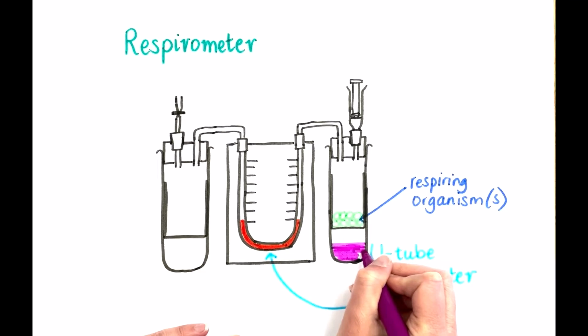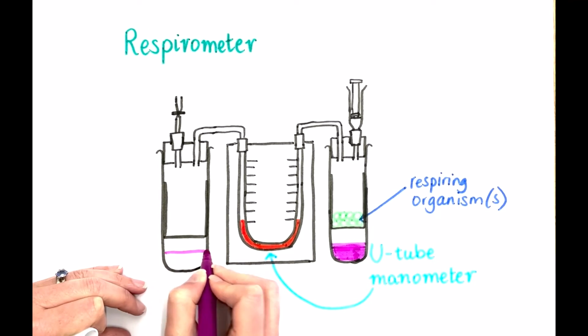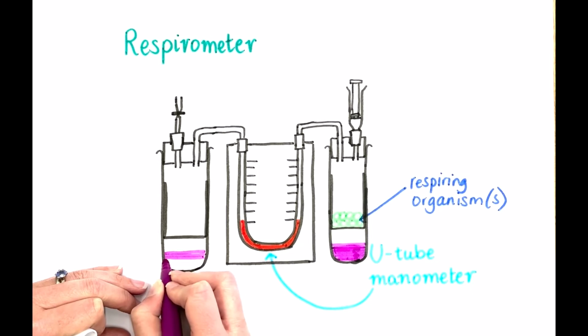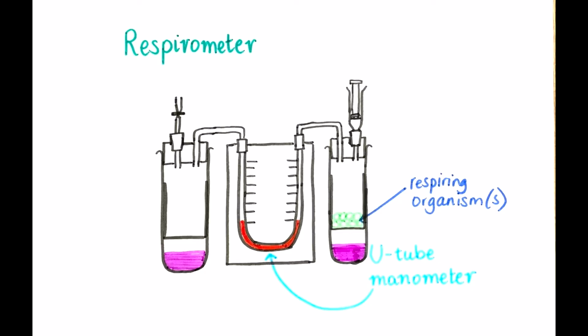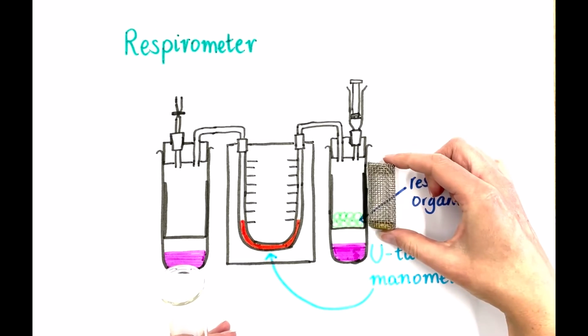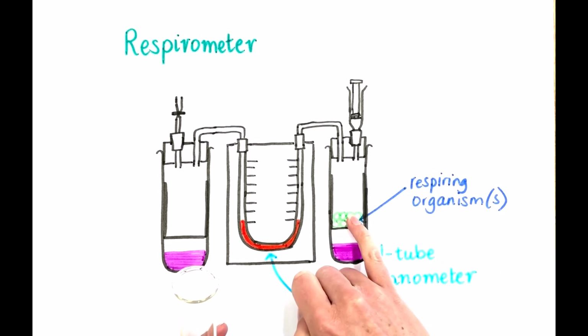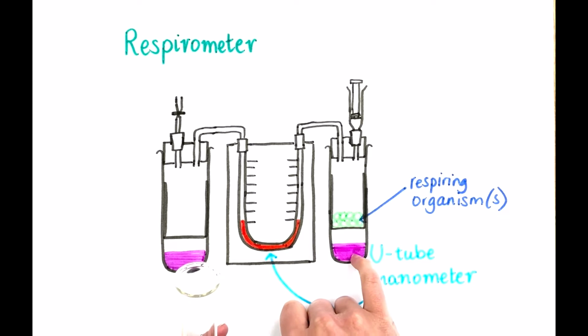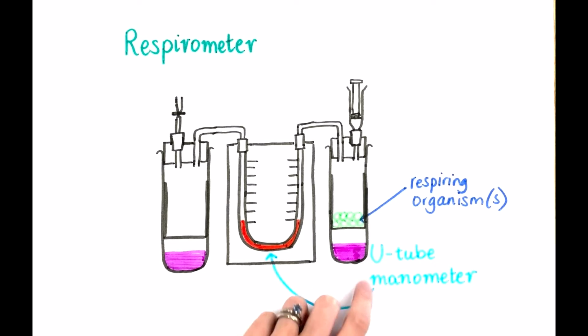So this down the bottom is going to be either a solution of base, or it can be solid pieces, but most typically in these tubes that we might use. And see too how this part is actually made of mesh so that the air can circulate, but you don't want your organisms in your quite dangerous, toxic, strong base down the bottom, or you'll kill them. You won't get any respiration happening.